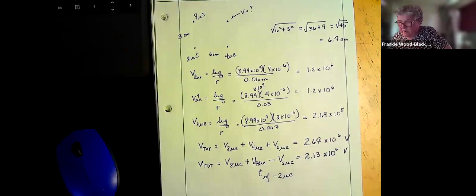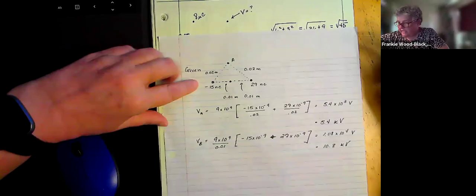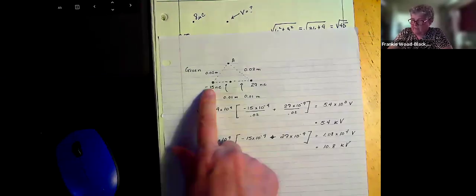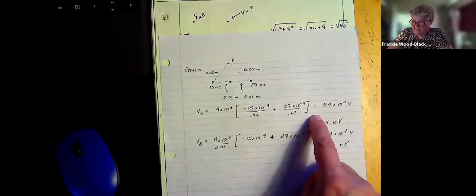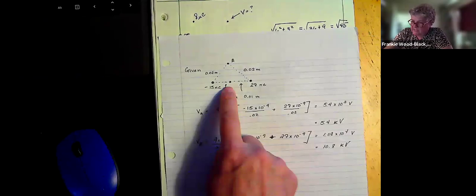So here's another one. If I'm given a situation that looks like this, and I want to find the potential at A, I'm going to find that distance, add them together. If I want to find the potential at B, this is where my B location is.